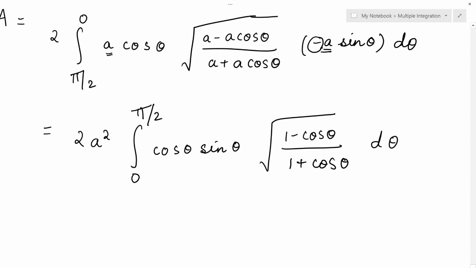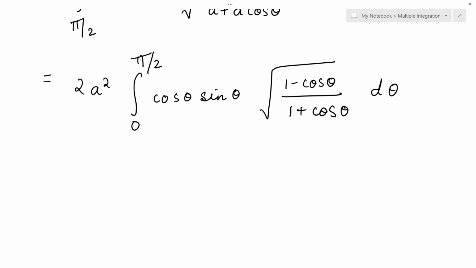So now we can adjust this. If I multiply by 2, this can be written as sin 2 theta by 2. And if I use half angle, this can be written as 2a square 0 to pi by 2. This cos theta as it is.